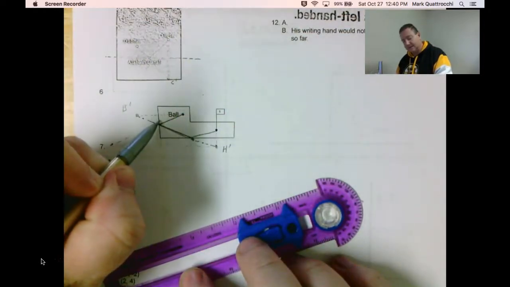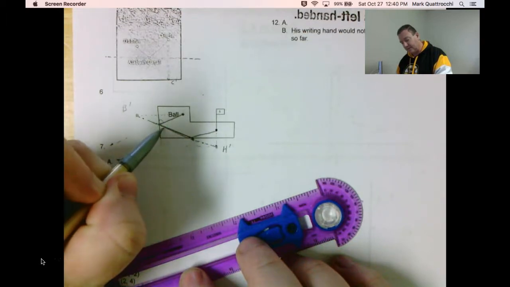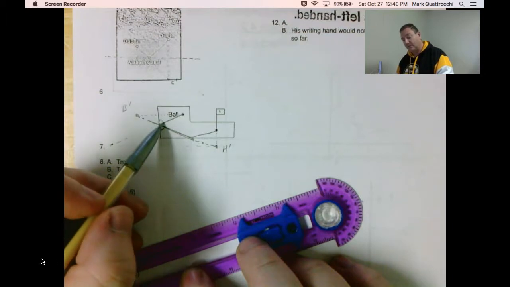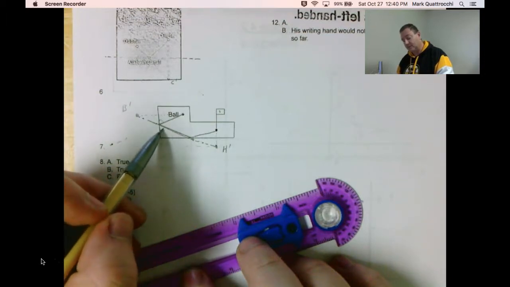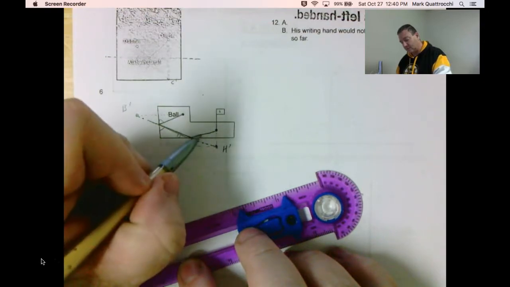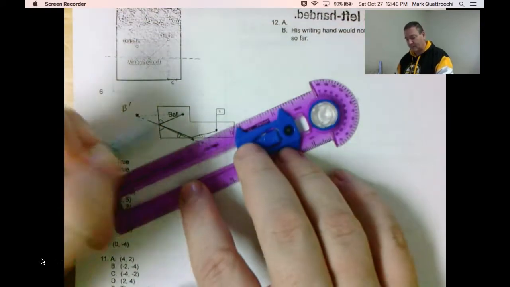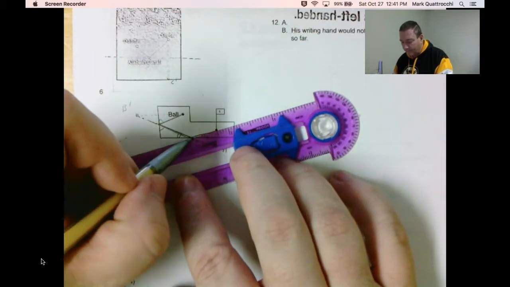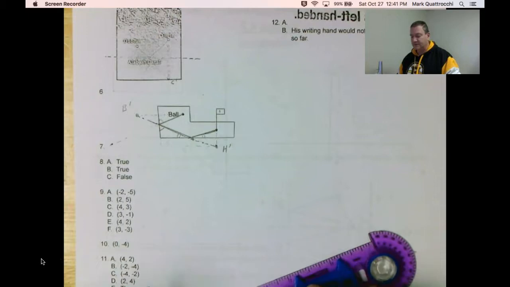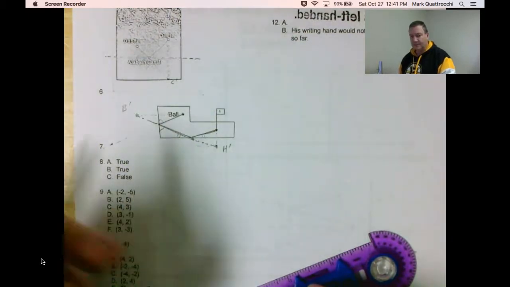And you'll learn in physics that angle of incidence is equal to angle of reflection. And then it's going to come off. It's going to hit this wall, and it's going to come off the wall at the exact same angle and go in the hole. Of course, this is assuming there's no left to right spin on the ball.